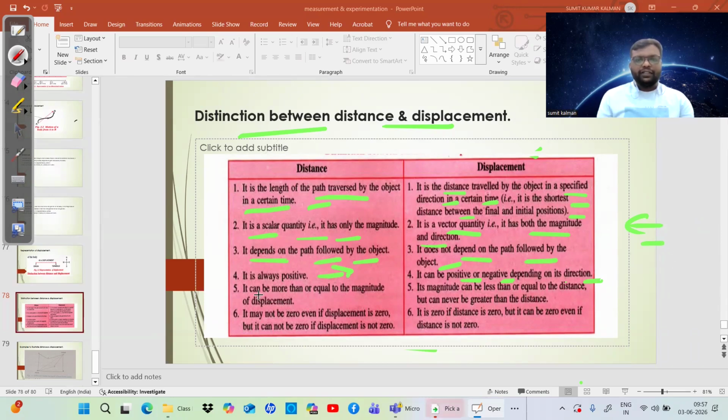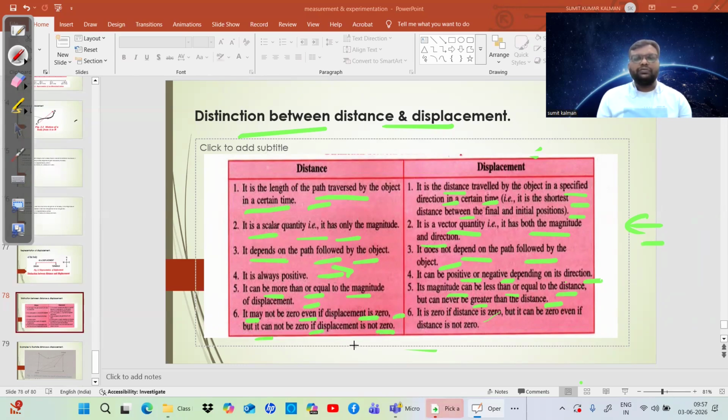Now friends, distance can be more than or equal to the magnitude of displacement. Distance is never less than displacement. Displacement will always be less than or equal to distance, and its magnitude can never be greater than distance. Distance may not be zero even if displacement is zero, but distance cannot be zero if displacement is not zero.